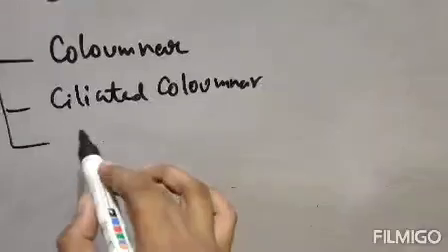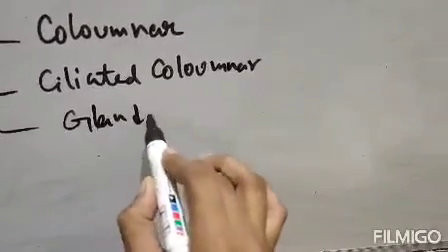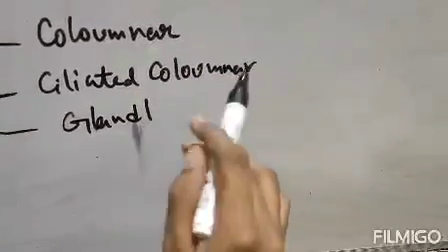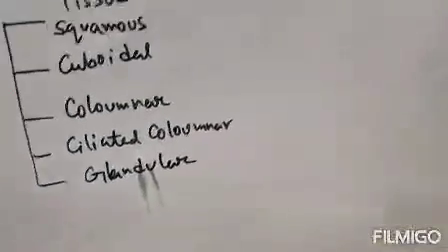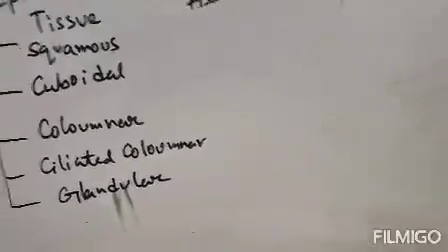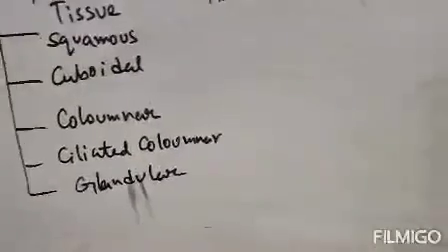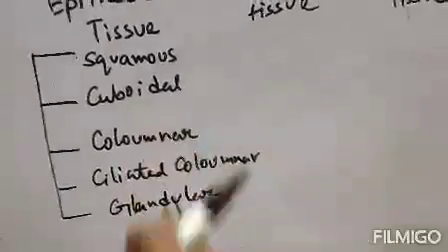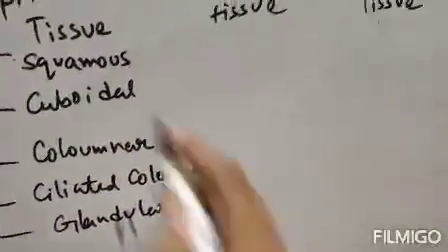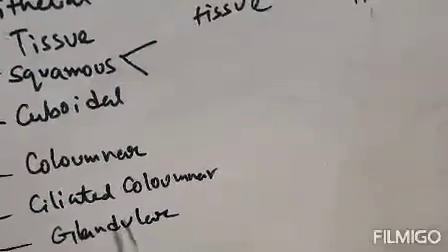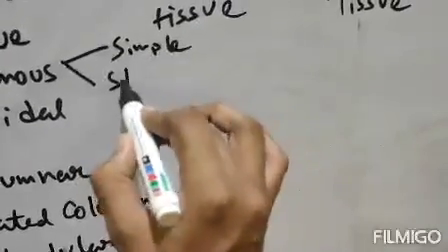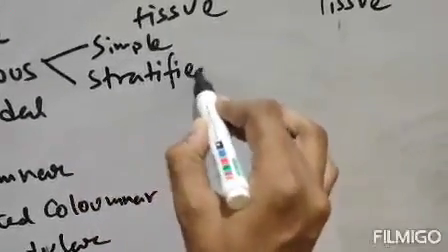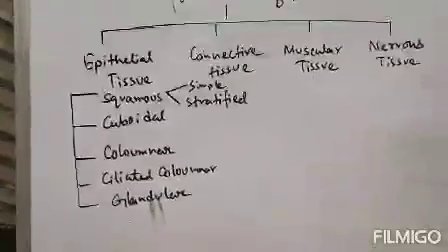And the last one is glandular. Clear? So in total 5: squamous, cuboidal, columnar, ciliated columnar and glandular. Now this squamous tissue is further subdivided into 2 parts, one simple and one stratified. So this is the classification of epithelial tissue.